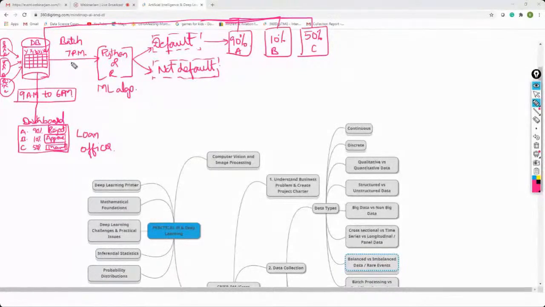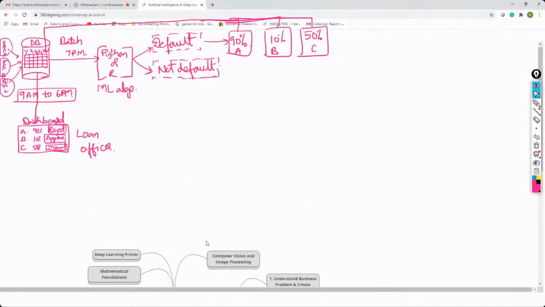At 11 a.m., at 3 p.m., and at 7 p.m., I am going to pass through the application details to my machine learning algorithm. So you're doing in batches. It's not real-time streaming. Now, for real-time streaming, it'll be slightly different. So let me explain.